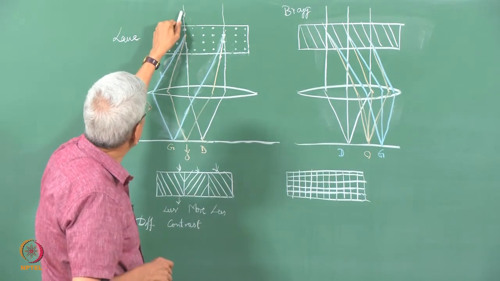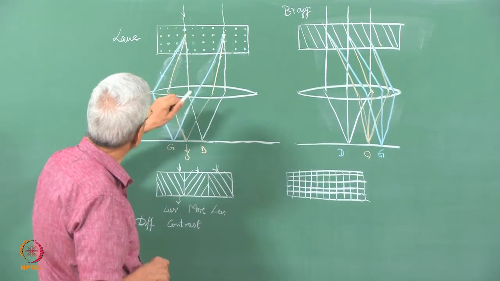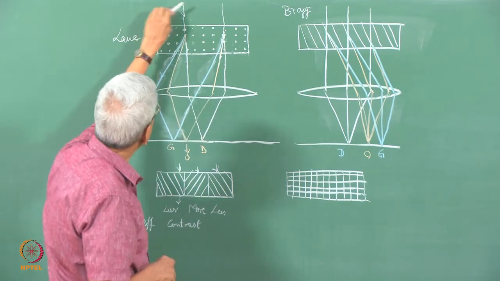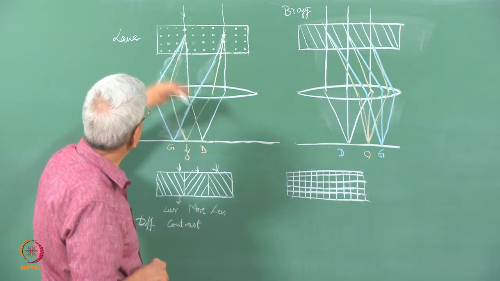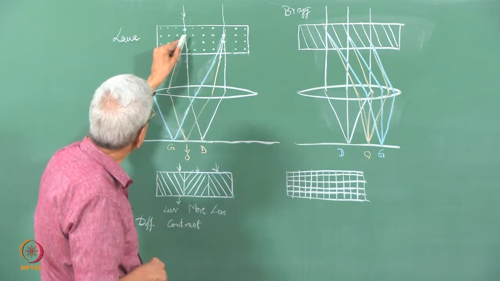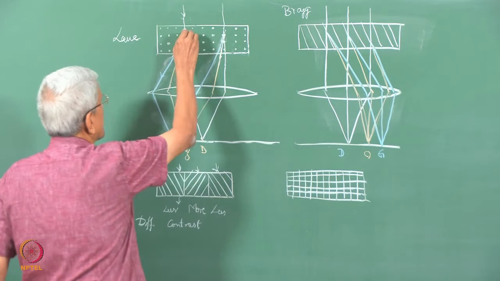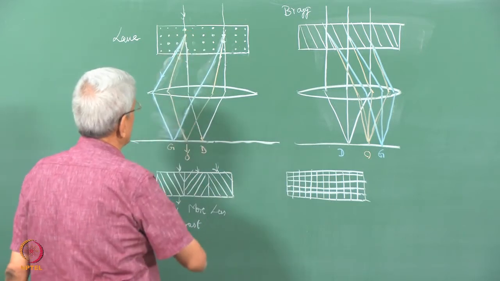When the electron beam enters into that sample, or we can consider this as an electron plane wave which enters into the sample, it is scattered from each of the atoms in different directions.